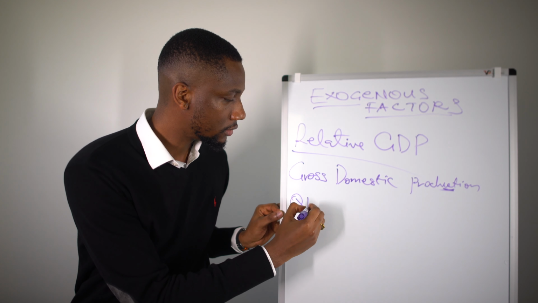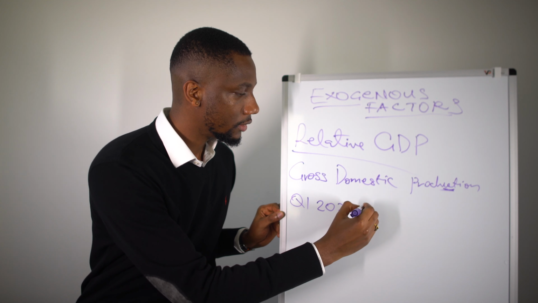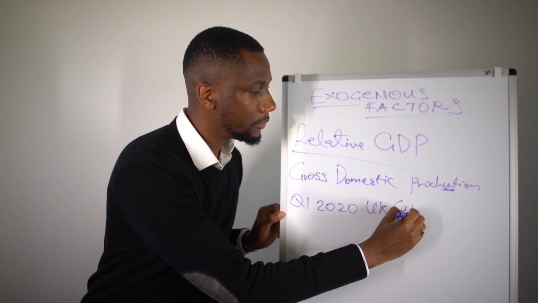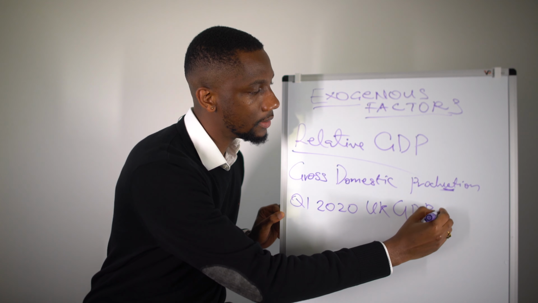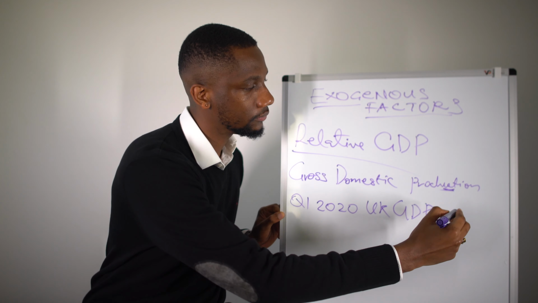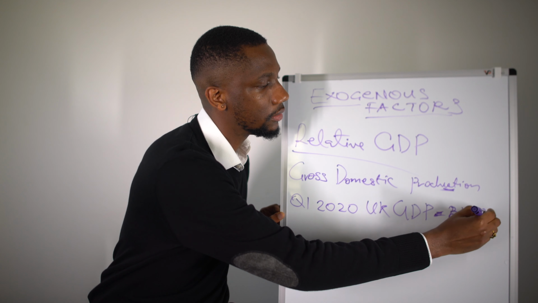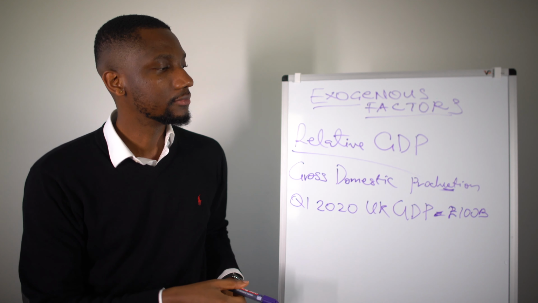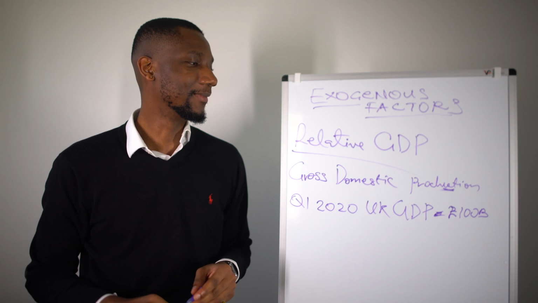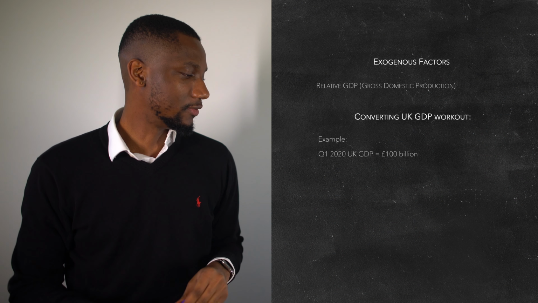So Q1 2020 UK GDP, let's say 100 billion pounds.